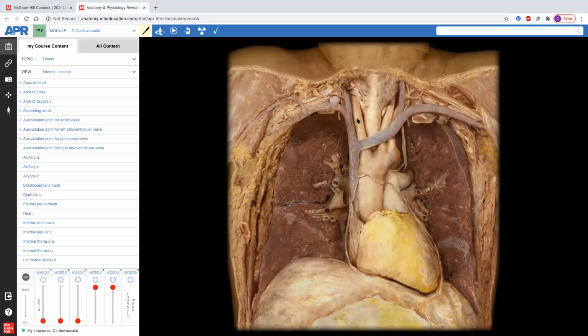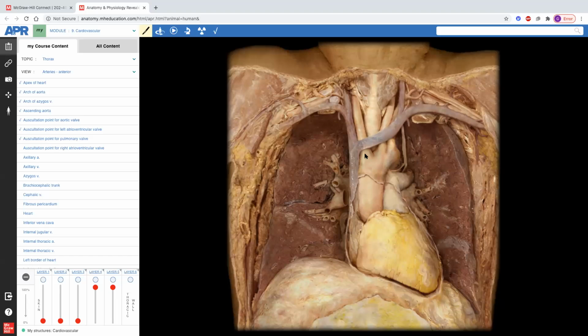The first, the brachiocephalic trunk right here, actually provides blood for your entire right upper body. A trunk is a large blood vessel that splits into smaller ones. Now, the second main branch of the aorta goes straight up, and is your left common carotid artery.